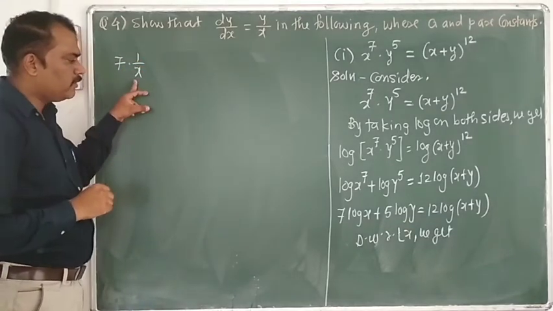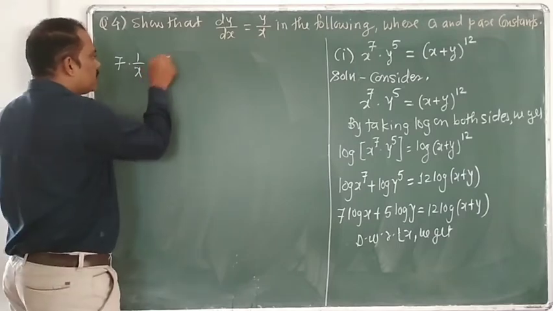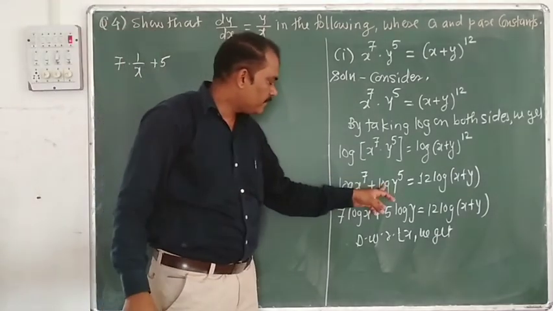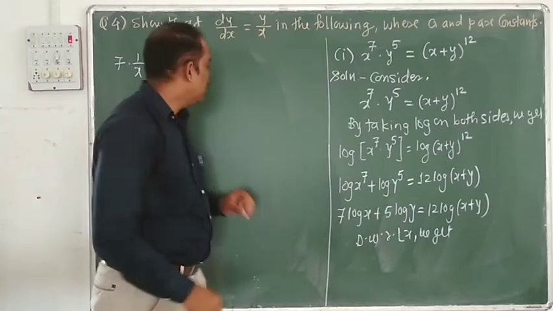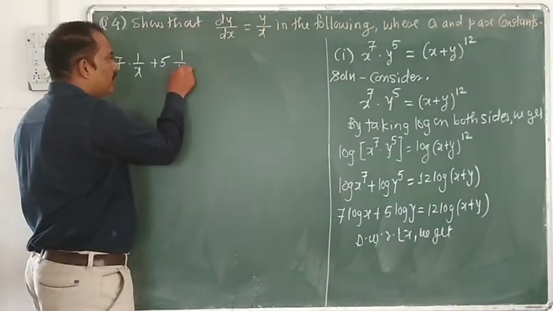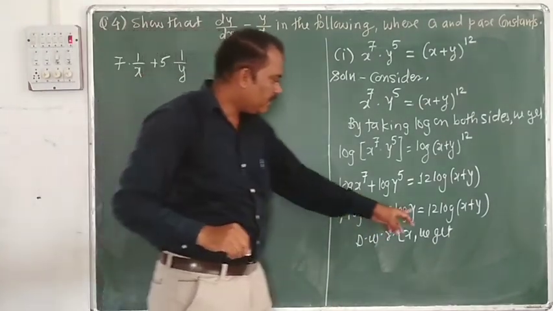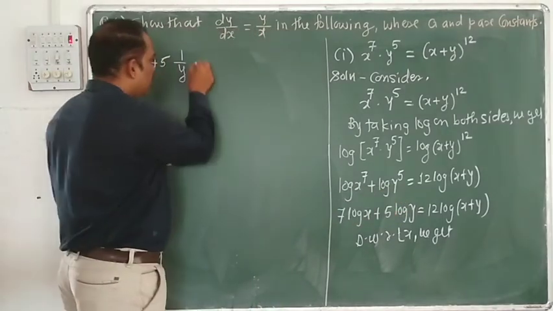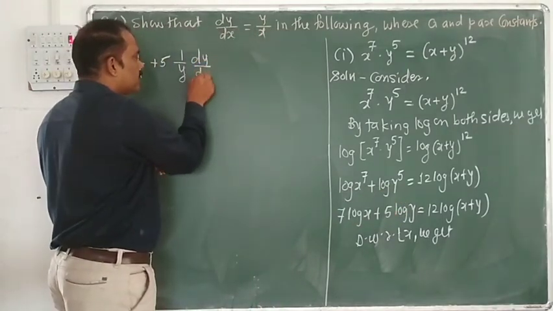Plus 5 times the derivative of log y. First we differentiate the log, that is 1 upon y, then we take the derivative of y with respect to x, which is dy by dx.